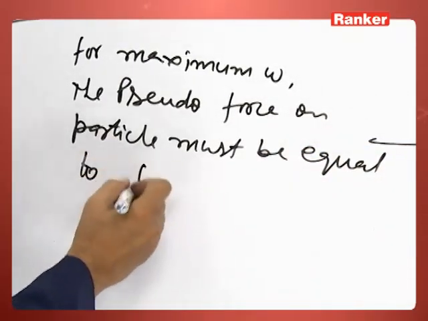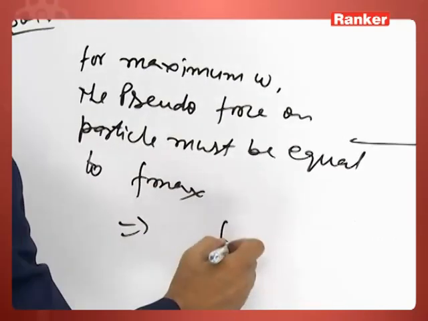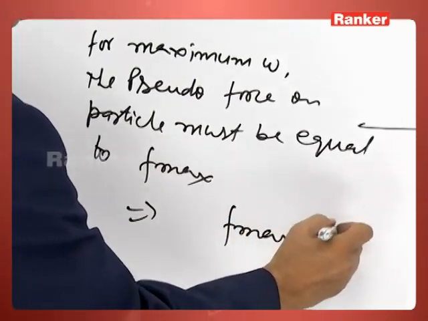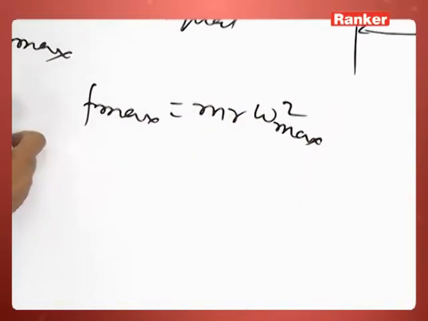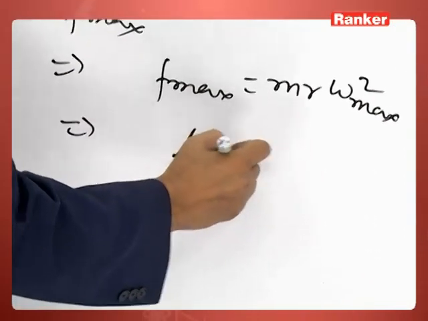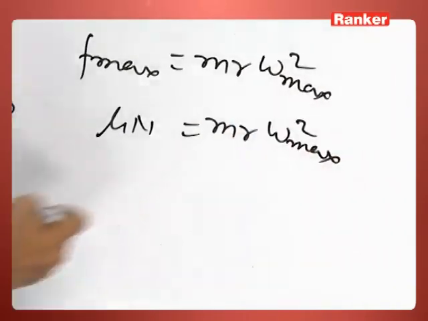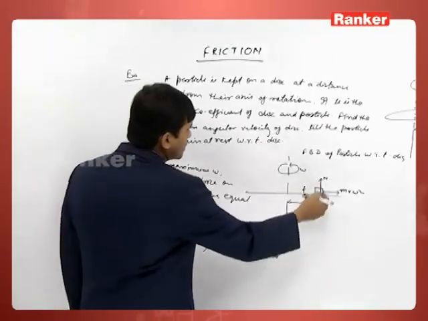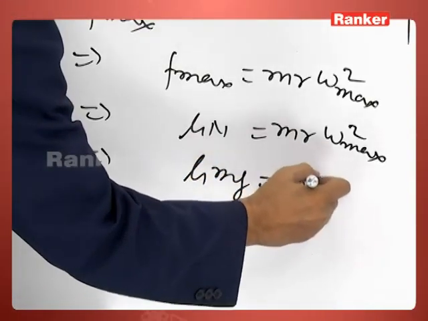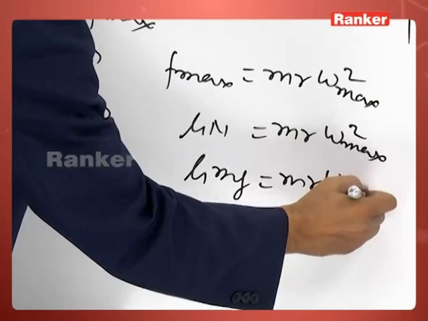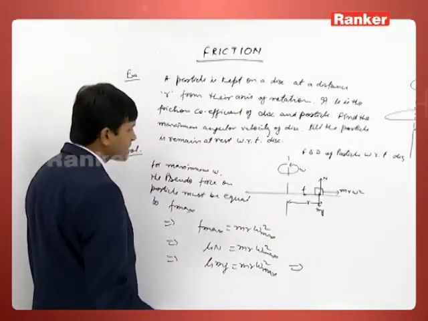So we can write F maximum is equal to m r omega maximum square, and F maximum is mu into N, where N is equal to mg. So mu mg is m r omega maximum square, and the m's cancel.